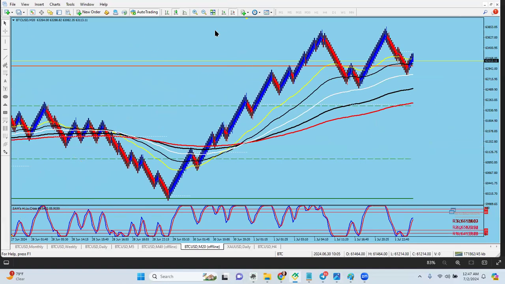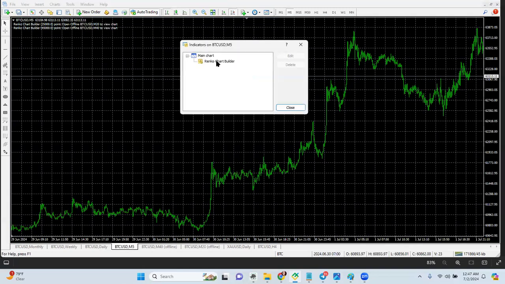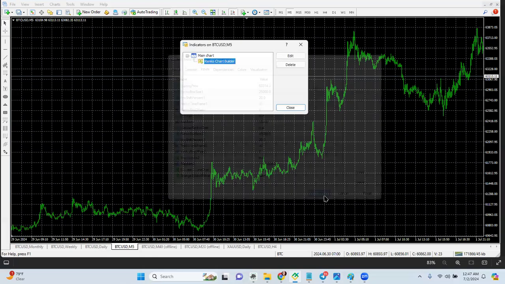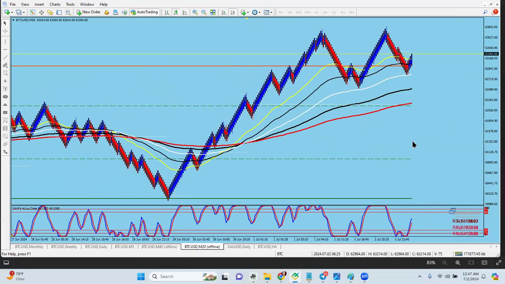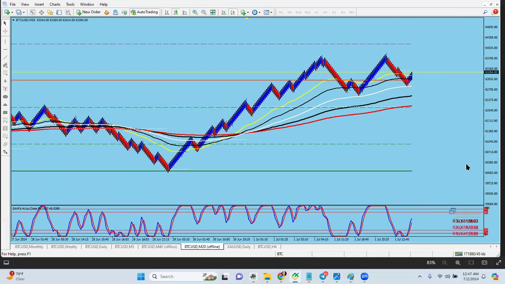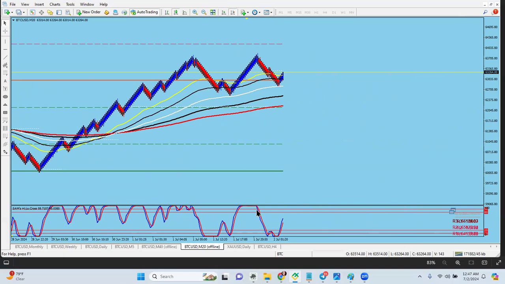Let me refresh the chart here. Okay, here and here and here, and actually not, but I'm just gonna show you that this is not exactly the calculation for Bitcoin in this indicator I have.